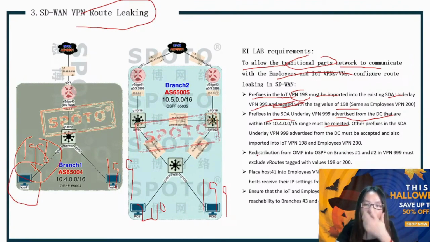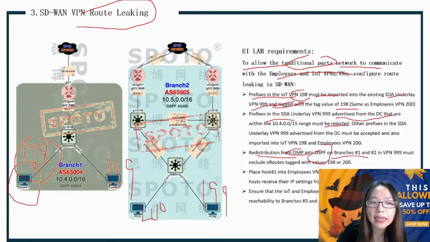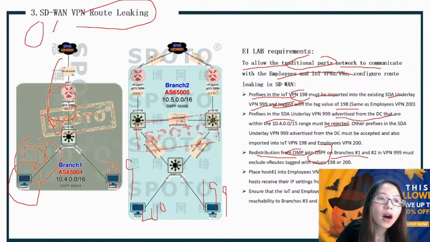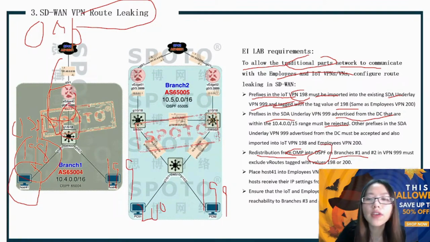So also redistribute OMP into OSPF on branch 1 and branch 2. It means that VH needs to redistribute OMP to OSPF, because there is VPN 999.